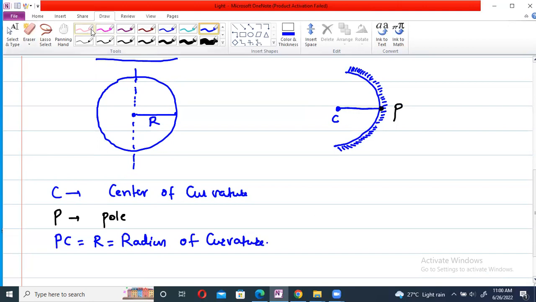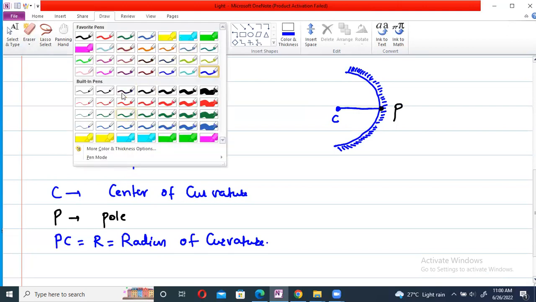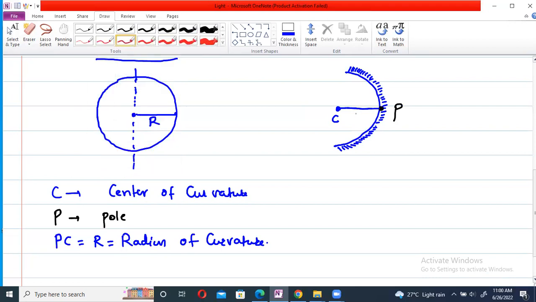If you take exactly half of it, this point will be denoted as F. So this F is the F drawn here. F is the focus, or it will be called the focal length.